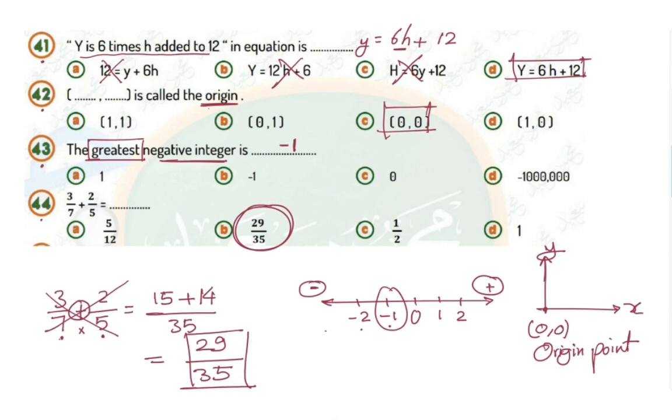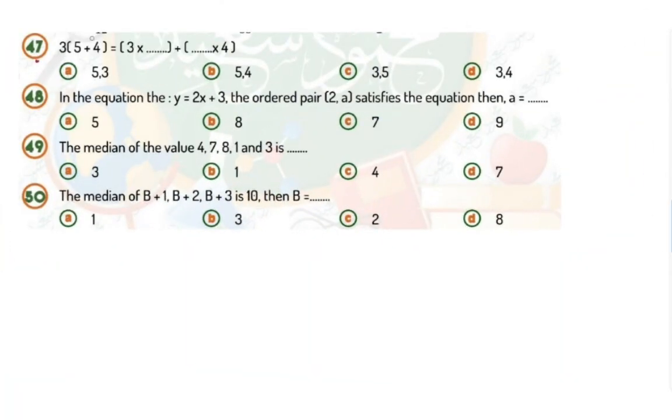Let's go to the next part of choose questions. We have 3 multiply parentheses of 5 plus 4 that equals 3 parentheses, 3 multiply blank plus blank multiply 4. What do you see here? We have an equation, so the left side equals the right side. Now I have multiplication, so I can use the distribution property.